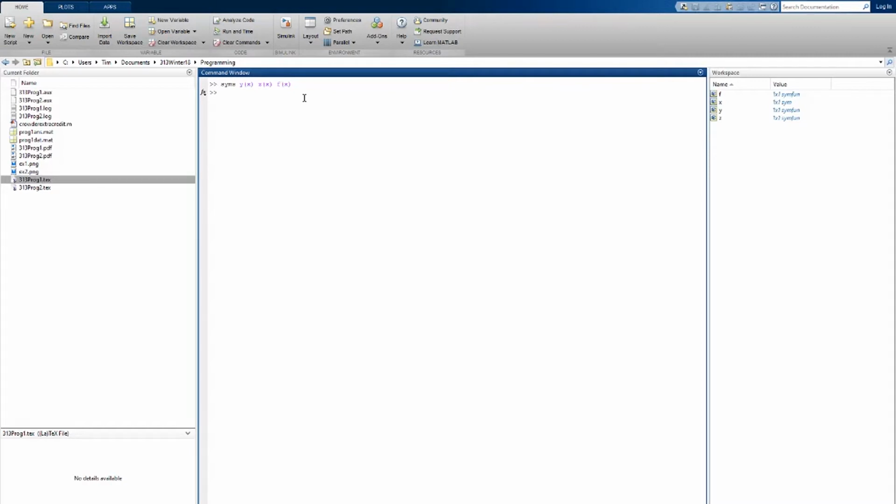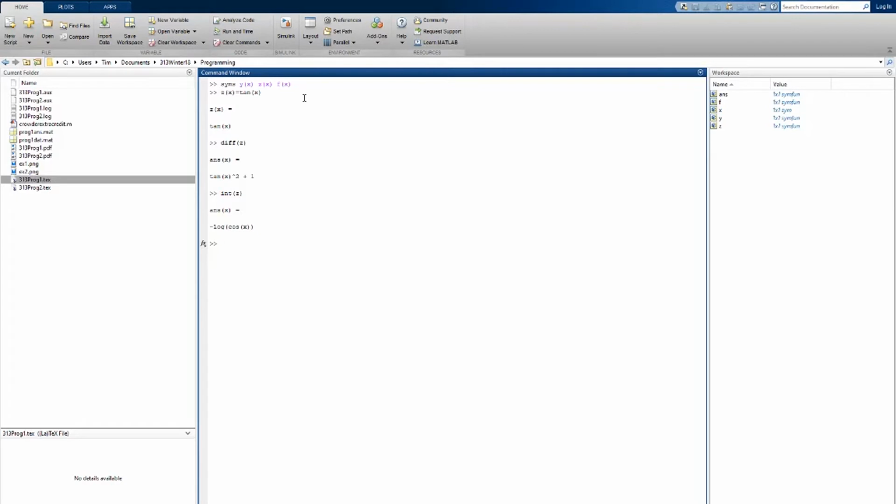And that means that we can set z of x equal to tangent, and that works out all right, and we can take the derivative, we can integrate it, and we can do all sorts of fun stuff.